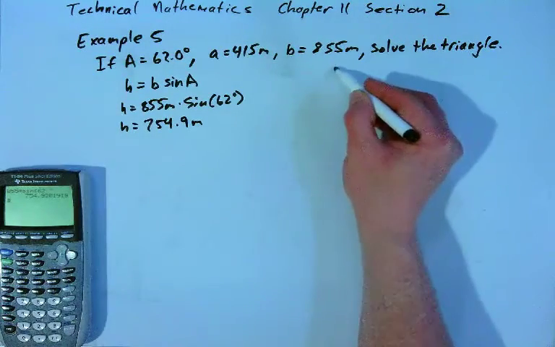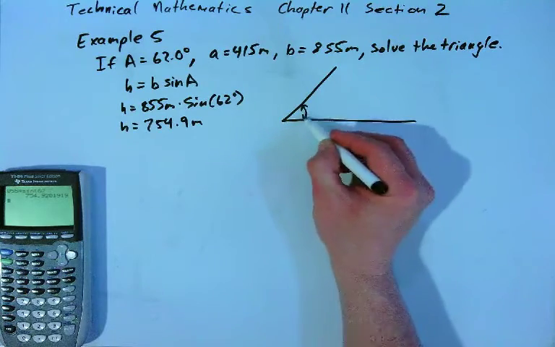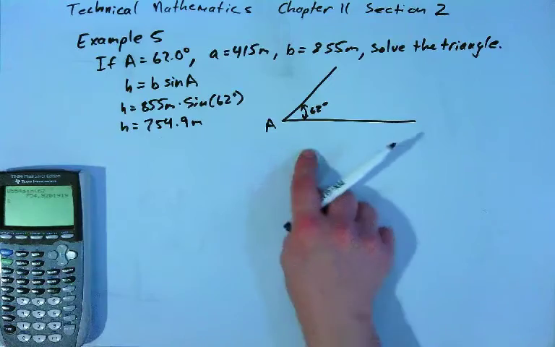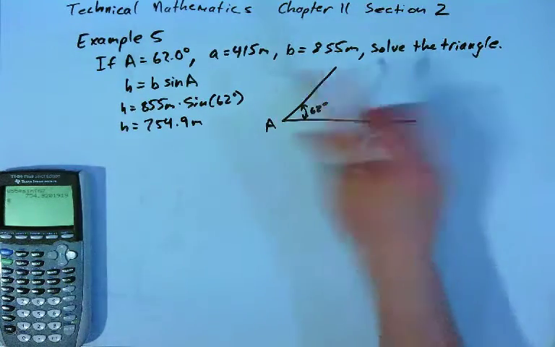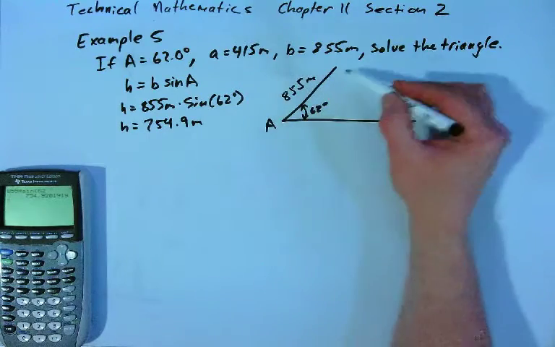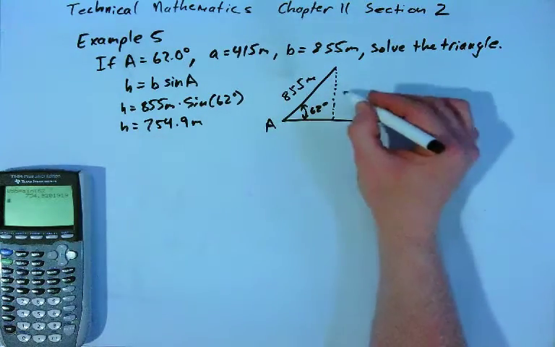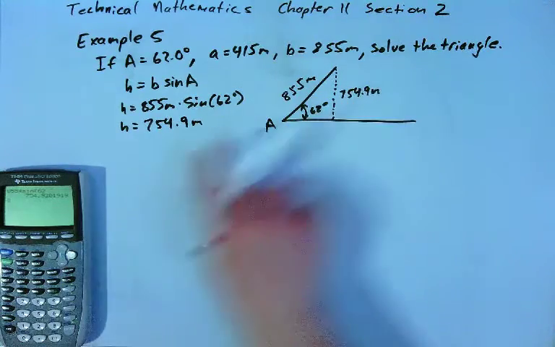So it's helpful to sketch the triangle so that we can imagine this. Angle A is 62 degrees, so sort of a large angle. And side b, which is this side, is 855 meters, and h is 754.9 meters.